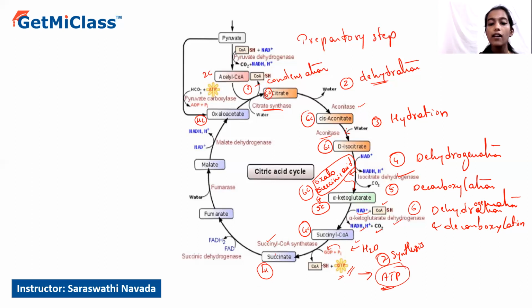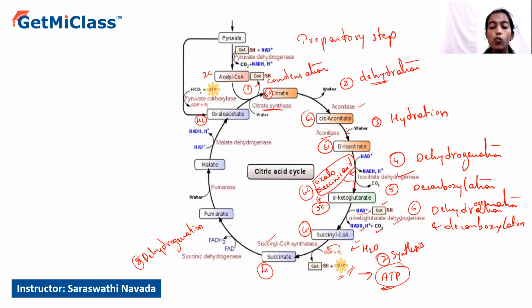So once the succinate is formed, the eighth step here is again dehydrogenation. In this dehydrogenation, the succinic acid loses its hydrogen ions and gets converted into fumaric acid, and the hydrogen ions removed from the succinic acid will be accepted by a reducing agent that is not NAD here.